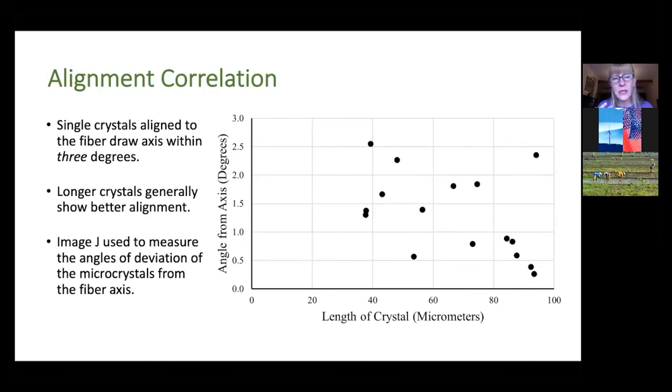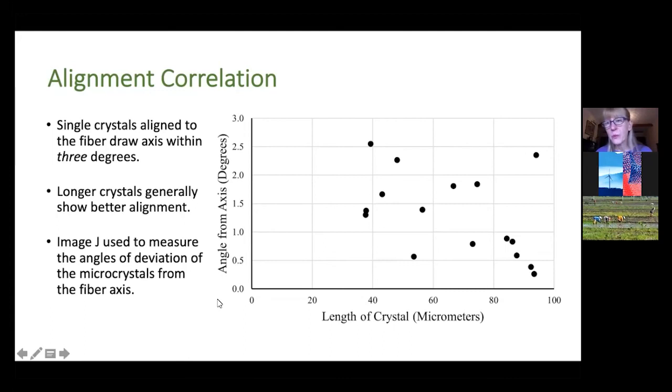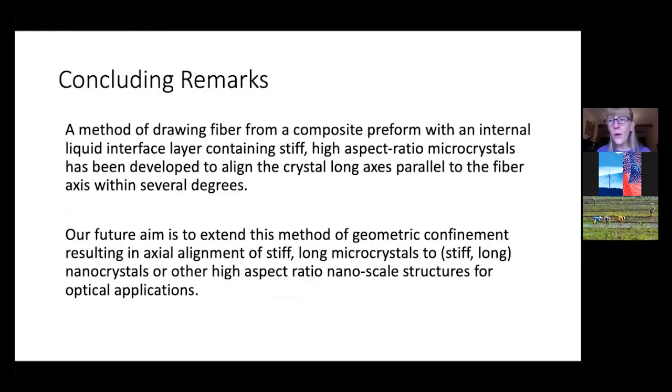They need to be stiff and with diameters very comparable to the gap width in the fiber. We used ImageJ, that's open source, to measure the angle of deviation from the fiber axis. All right, so that's it.